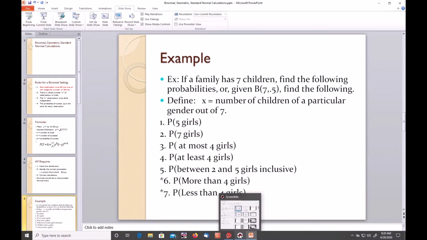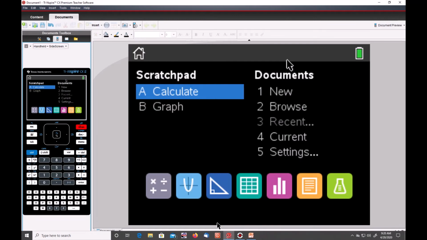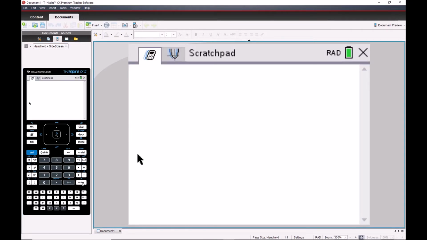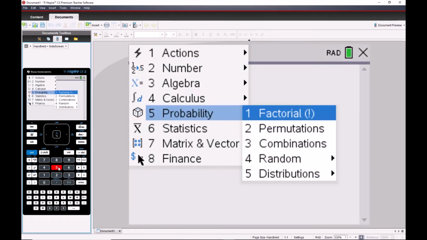So let's go to the calculator. And you can do this either on a page or on a scratch pad. You really don't have to link it to anything. So the first one was the probability of 5 girls. That is a PDF because it's an exact value. So it's just menu 5, 5.